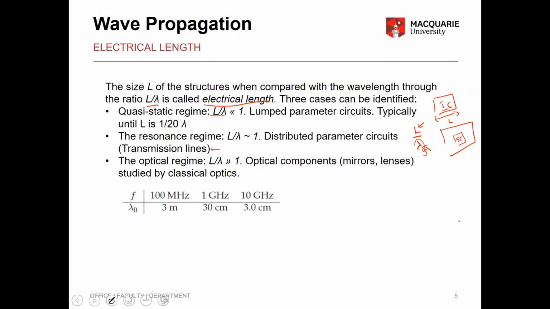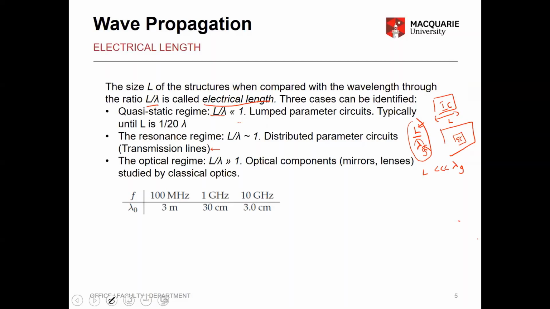Now we try to look at this ratio, which we call the electrical length. Now if this electrical length is significantly smaller than 1, that means the length of the structure is significantly smaller than the lambda.